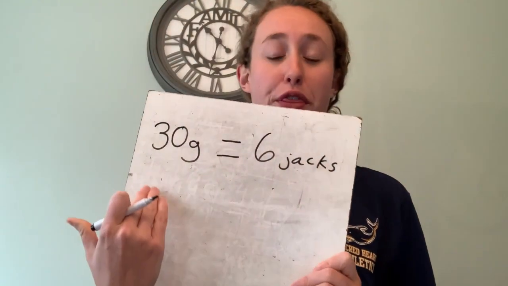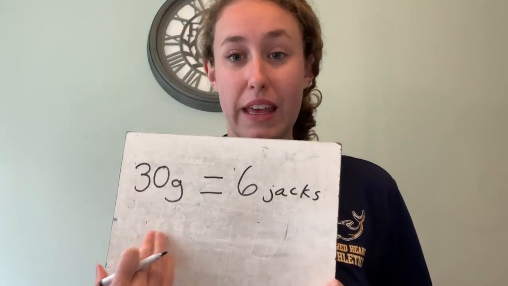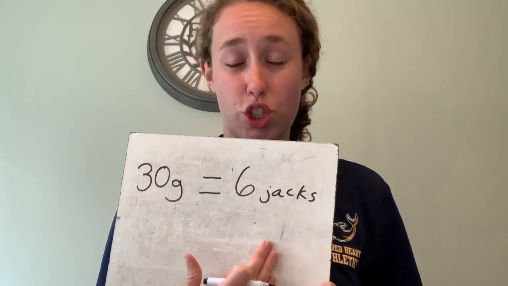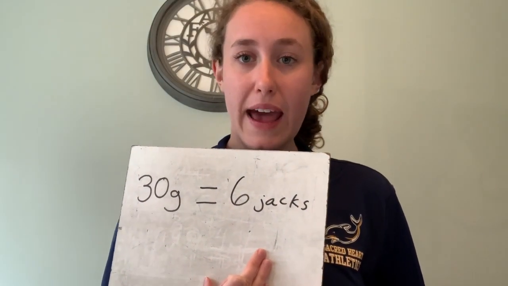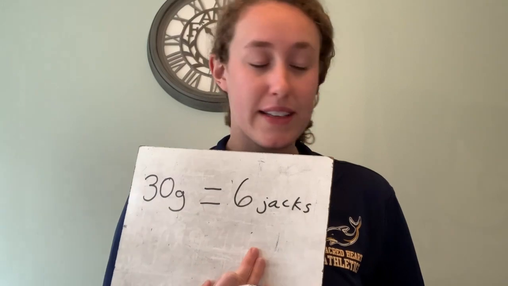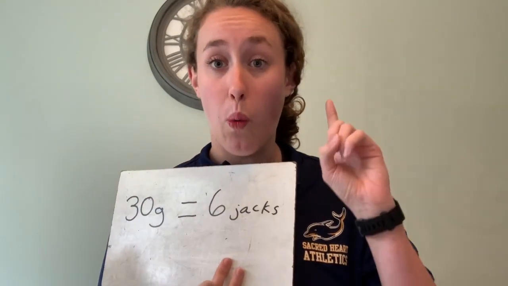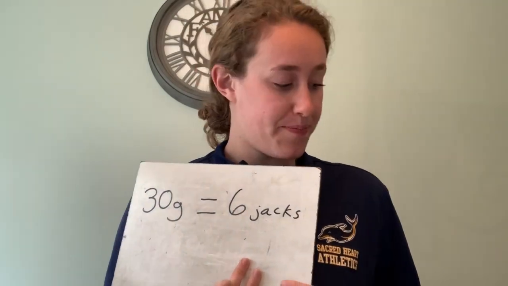Okay, what do we know? We know 30 grams is equal to 6 jacks. But it's not asking us the mass of 6 jacks, it's asking us the mass of 1 jack. How can we figure out how much mass 1 jack has?